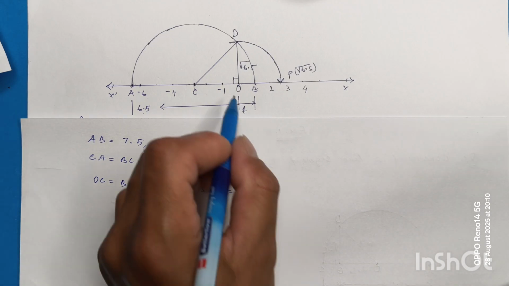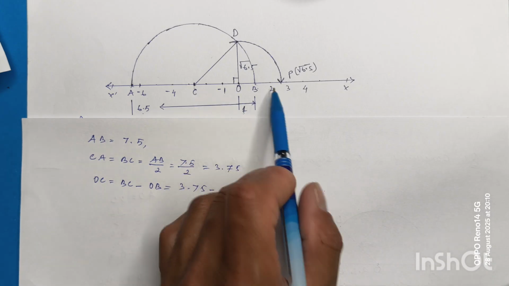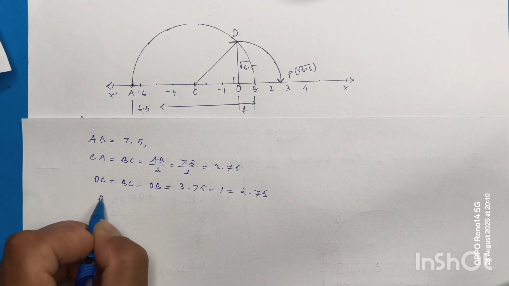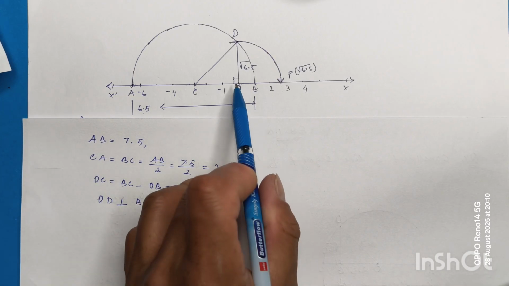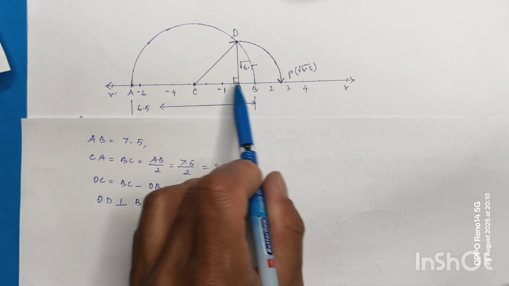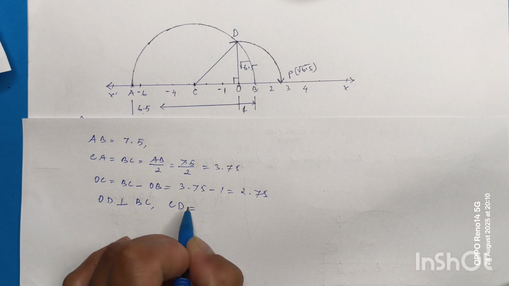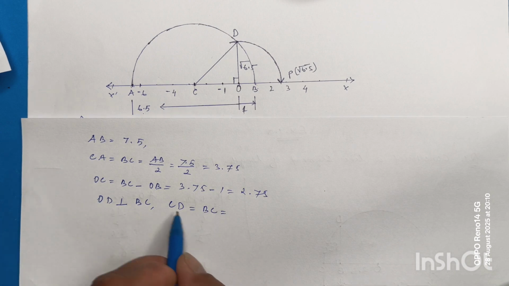Okay, now since OD is perpendicular to, let's take BC, OD is perpendicular to BC. That's why this CD and BC should be equal.